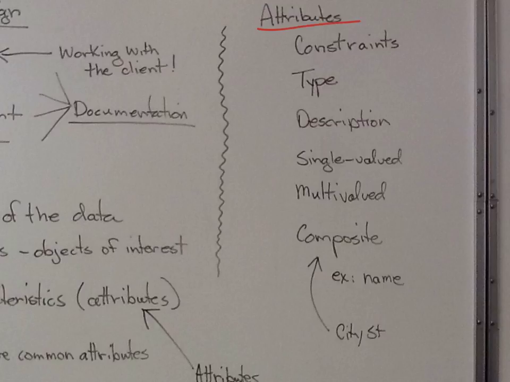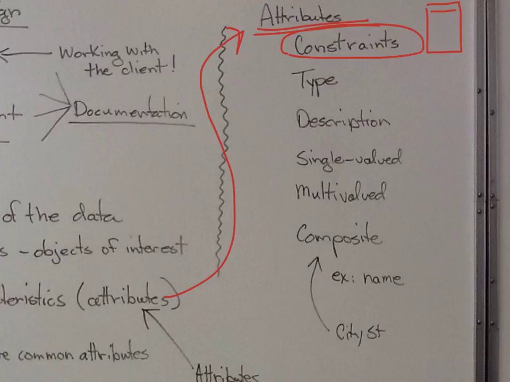Alright, so then we start talking about attributes. Attributes have constraints. For example, a constraint would be an attribute fits into a certain domain, a certain number of options. What state you live in could be selected from a list of the states of the United States.